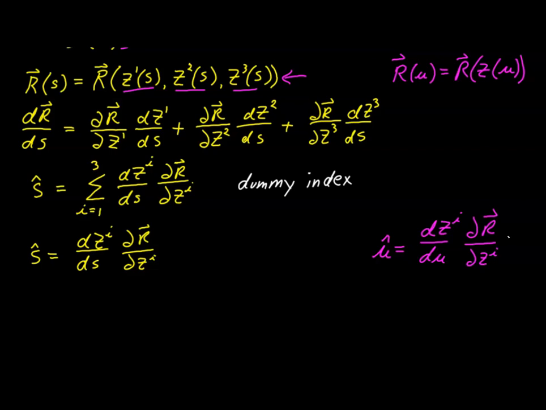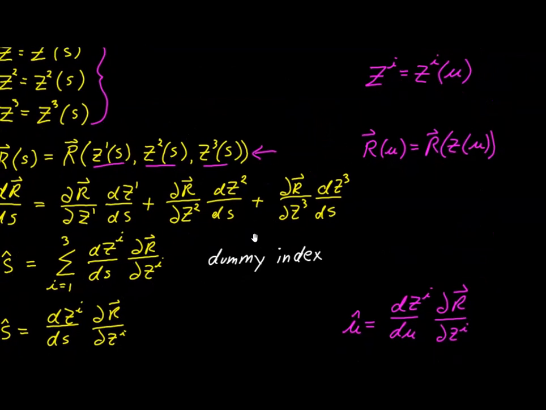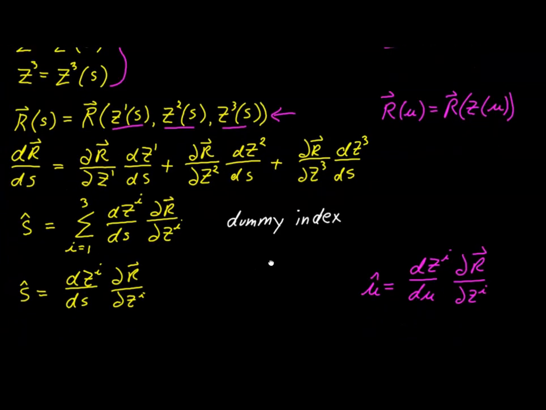And we know by implication this is a summation. Here we have three terms, each of which have a factor of a scalar value and a vector value. This partial with respect to z^i is a vector. So notice how the tensor calculus notation has simplified our problem. We can do in three little steps like this everything that it took us to do it in the expanded form on the left-hand side.